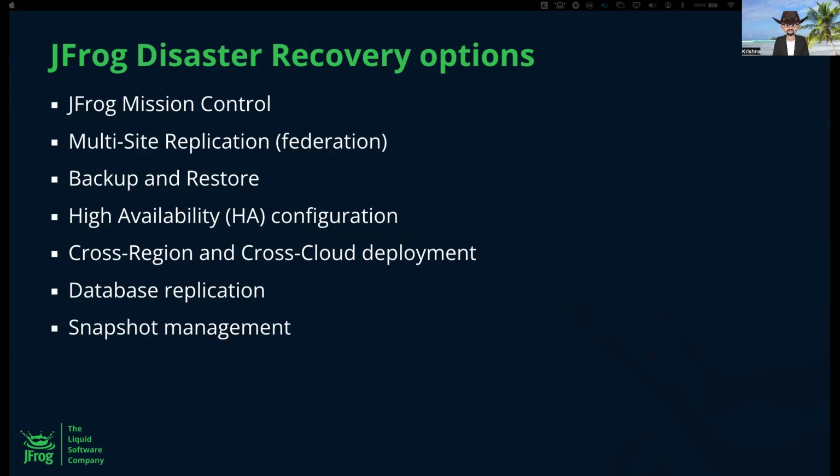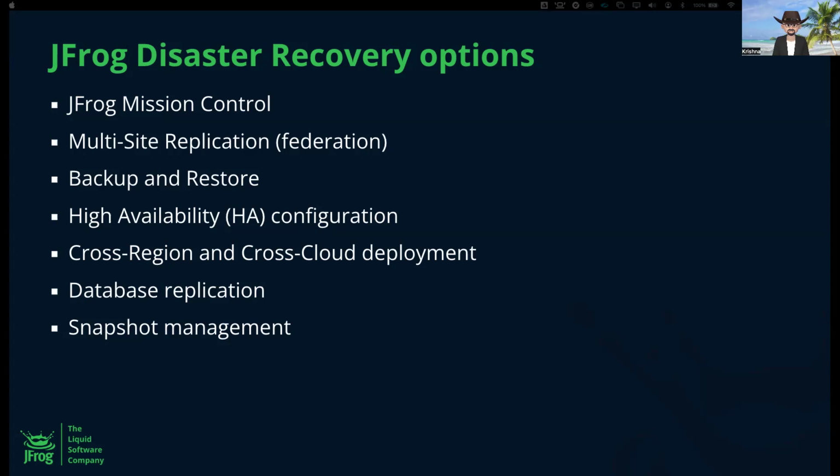Snapshots are used for quick recovery by capturing point-in-time snapshots of Artifactory data and configuration, utilizing cloud provider snapshot features like AWS snapshots and Azure Disk snapshots to take regular snapshots of your Artifactory instances.